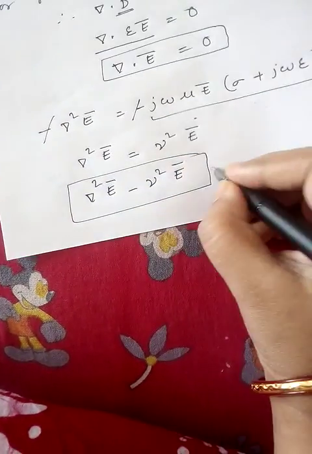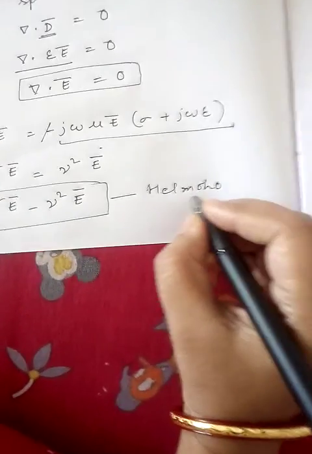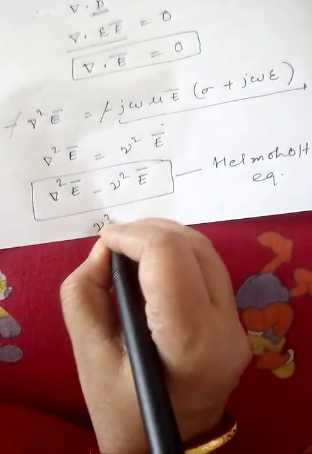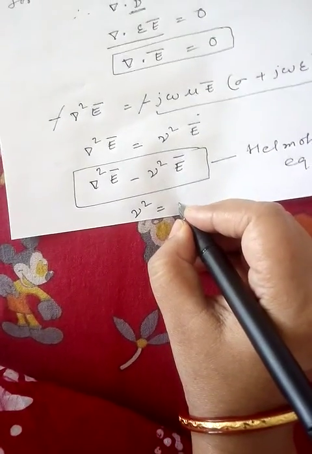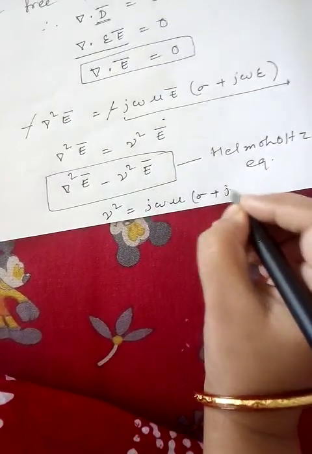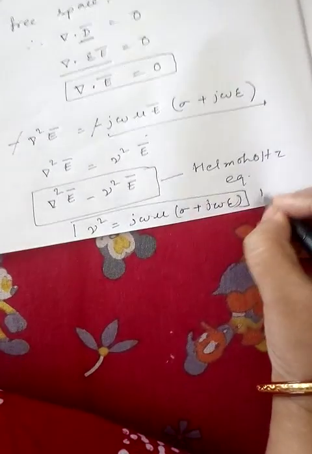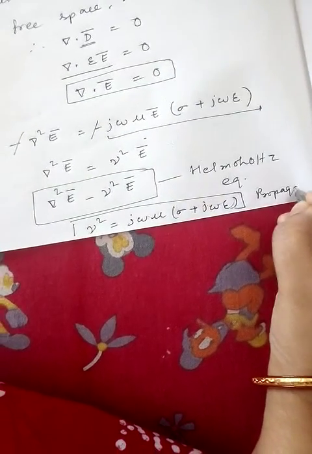This is known as the Helmholtz equation. Here gamma square is equal to j omega mu times sigma plus j omega epsilon, and this is our propagation constant.